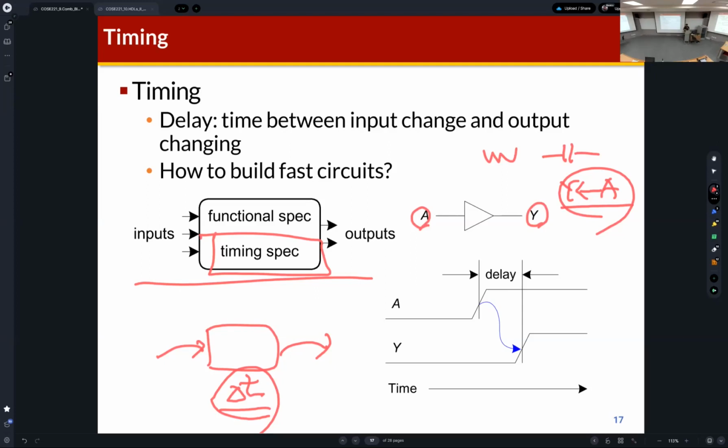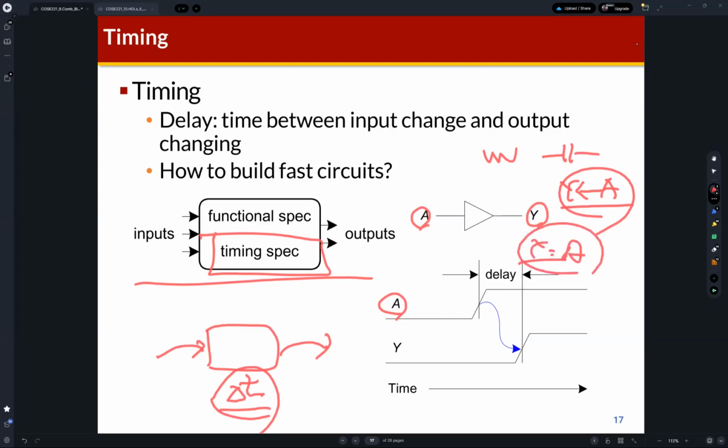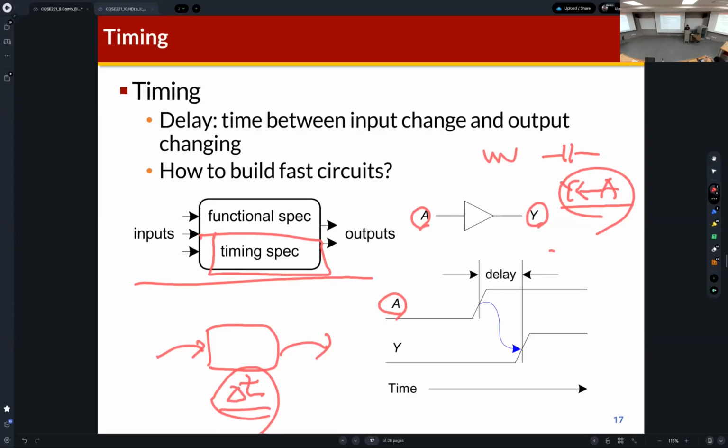So what does that mean? The value of input signal A changes from 0 to 1. If Y is equal to A, that is the functional specification of the buffer. If this block is an ideal block with no delay, then Y should be equivalent to A.